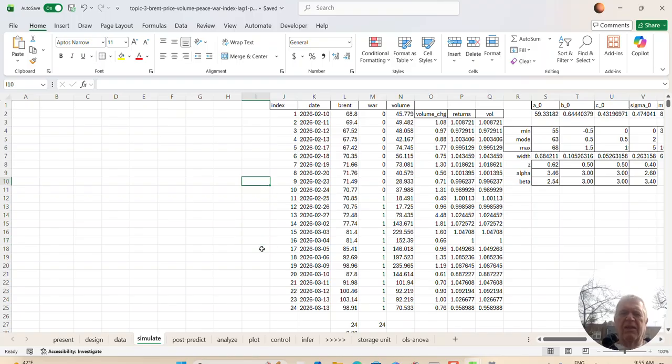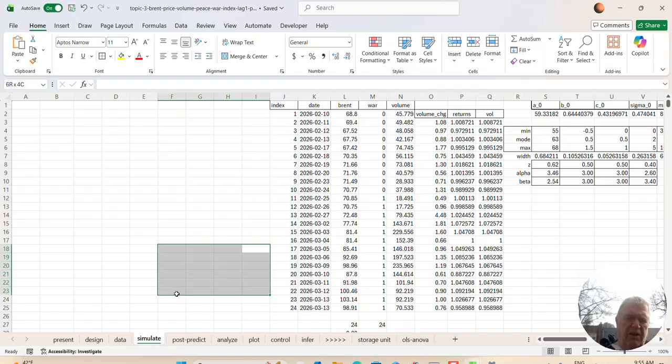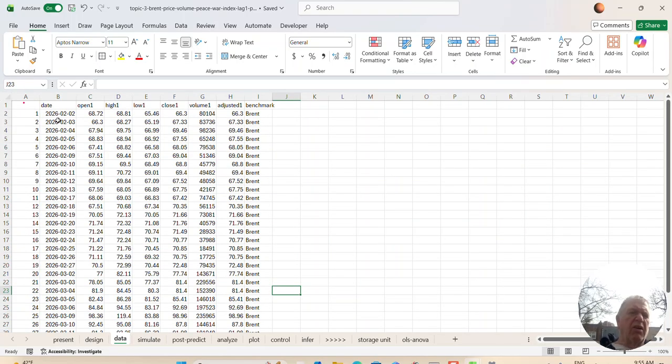There we go. It has an index date. This is from the data worksheet. And here we're going to be selecting some data from this. All of this is from that worksheet, so it's derived. It's a subsample of the data that we struck over here from Yahoo. And that's all specified in the design, the features engineering, as I've called it.